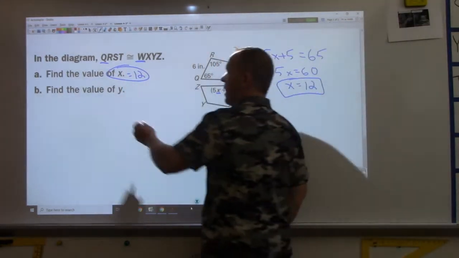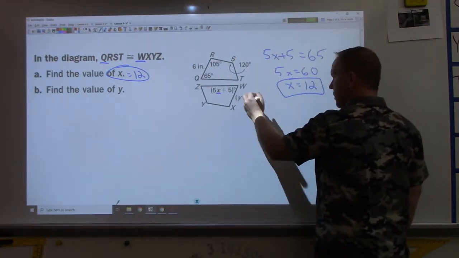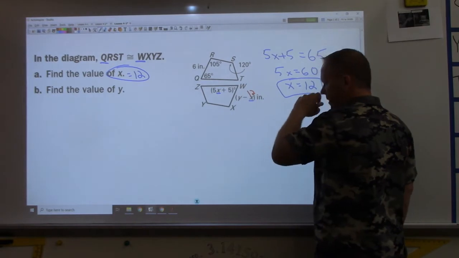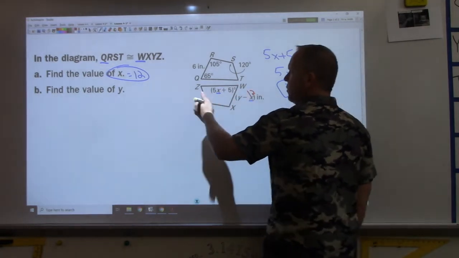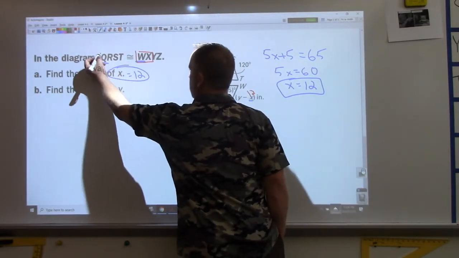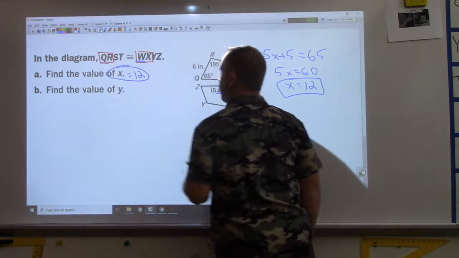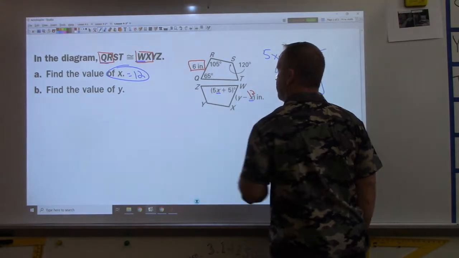Now I can solve for y. Because I know x is 12, I'm going to put a 12 in here for this x. So WX is actually y minus 12 now. Well, WX, again, look at the letters. WX, first two letters, corresponds to QR. QR is 6 inches.